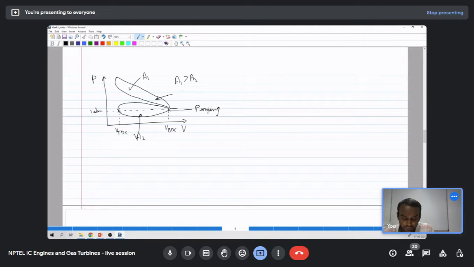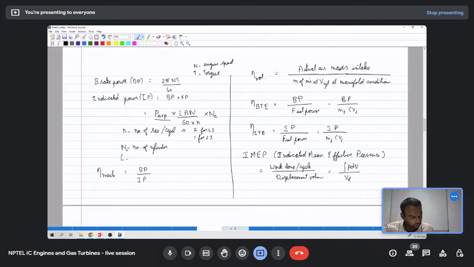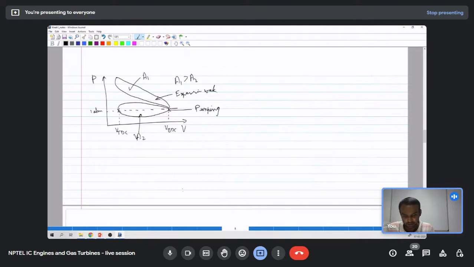So for this work done, when I say integral P dV, it's like integrating the entire curve, so that means it will have this area plus this area.